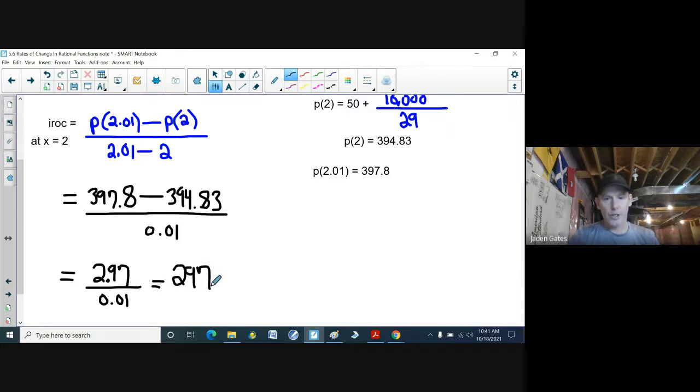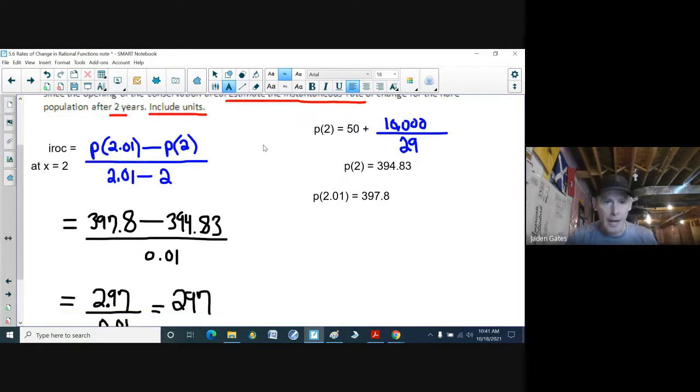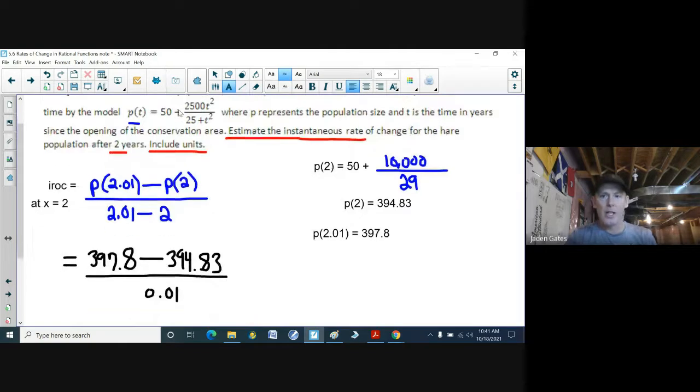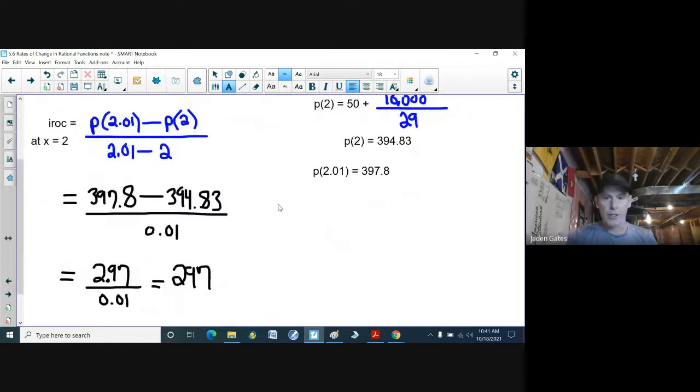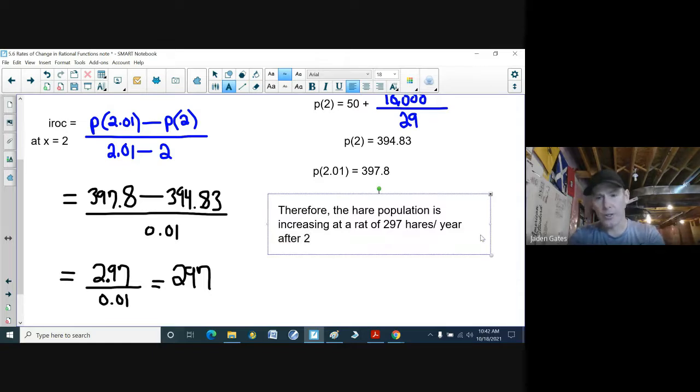But this is a word problem. And again, what we're talking about here is the population of hares, or rabbits if you will, snowshoe hare, and this was with respect to time in years. So what this means is, therefore, the hare population, it's a positive number, is increasing at a rate of 297 hares per year after 2 years.